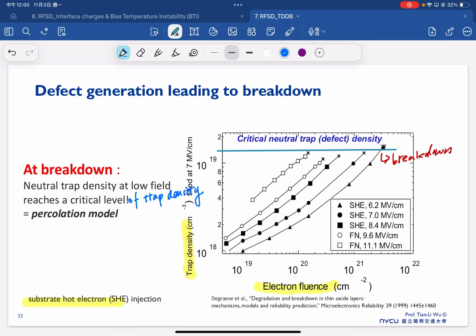In the end, we later proposed what we call the population model to understand the dielectric breakdown, because we realized that even with stress at a low field, we still reach a certain trap density. The dielectric will still break down anyhow. So that later becomes the foundation for the population model. So what is the population model? We will talk about the population model later, but for now just let you know that even with a low electric field, we can still induce dielectric breakdown.